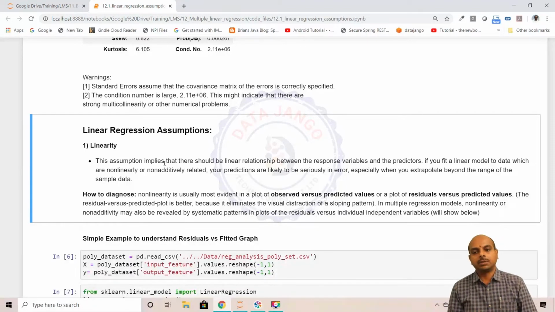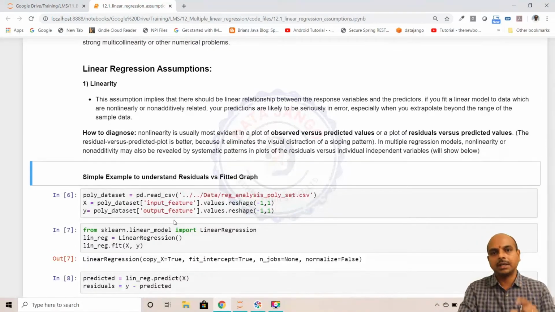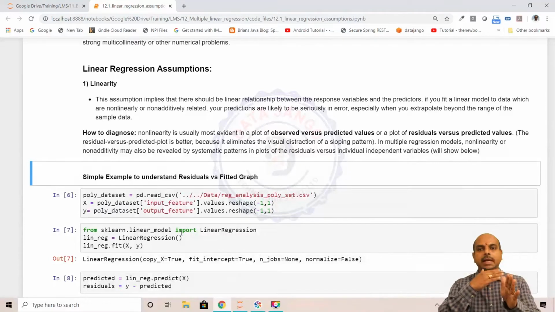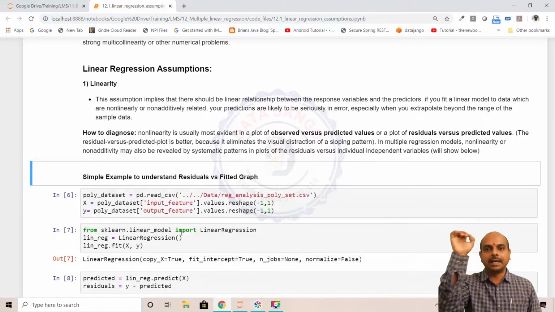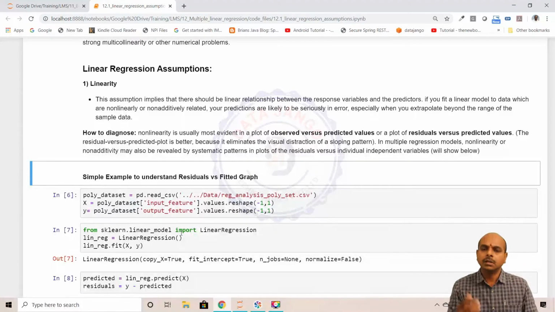Why do we need to understand this graph? Because if you have only one x and one y, we can take the x value on the x-axis and the target variable on the y-axis and do a scatter plot. If the scatter plot is forming a straight line kind of a thing, the dots are forming a straight line kind of a thing, they satisfy the linear assumption.